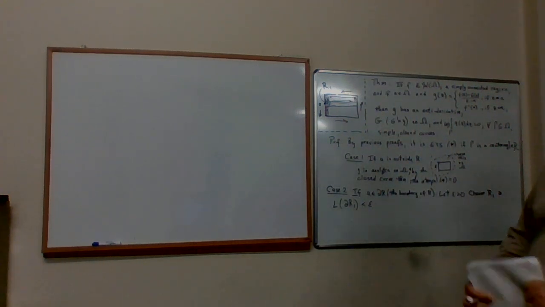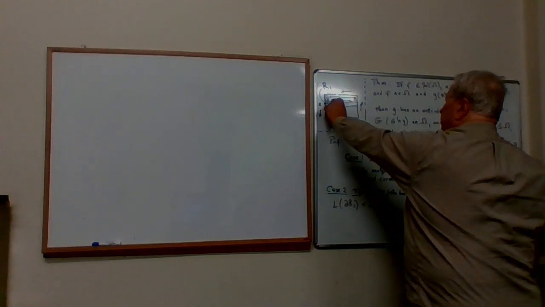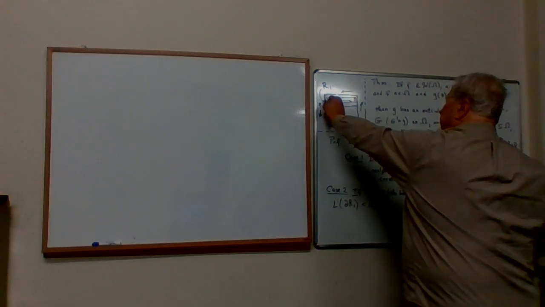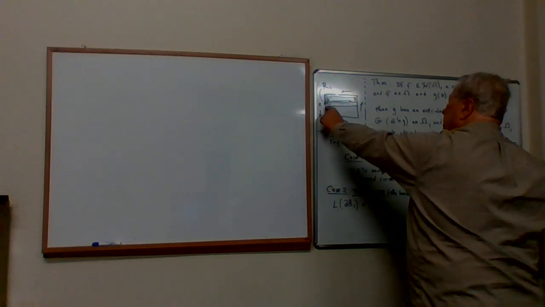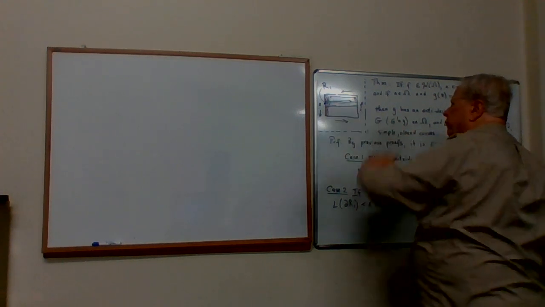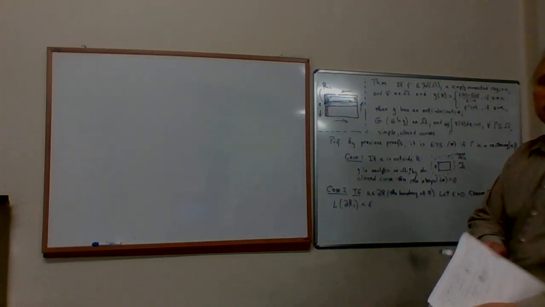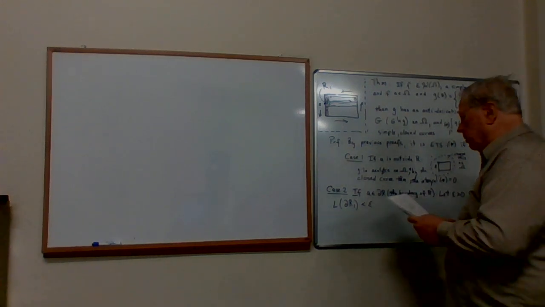Well, that's easy to do because A is a single point, and notice that I took this upper bound to be just a little bit above A, the lower one to be a little bit below, because I wanted the length of all of R1, the sum of the 4 little segments, to be less than epsilon. Okay, so that's where we're at now.